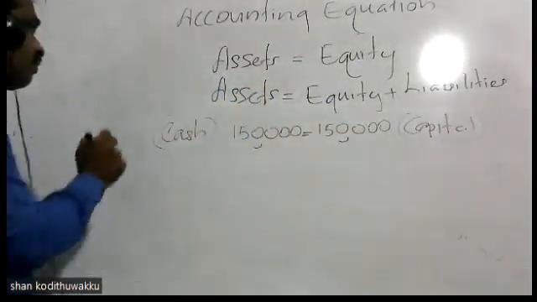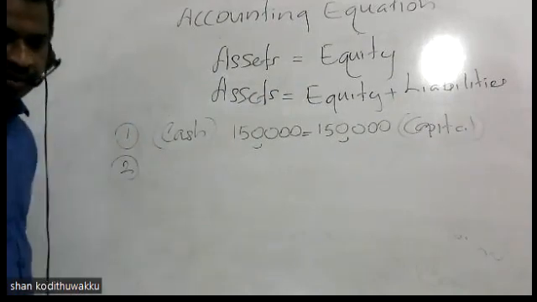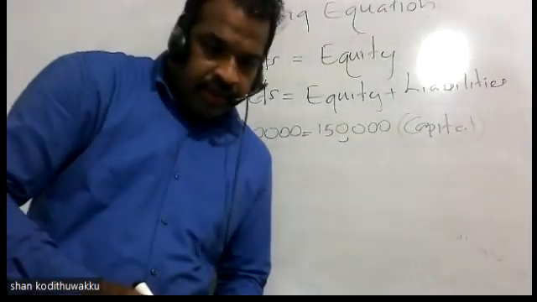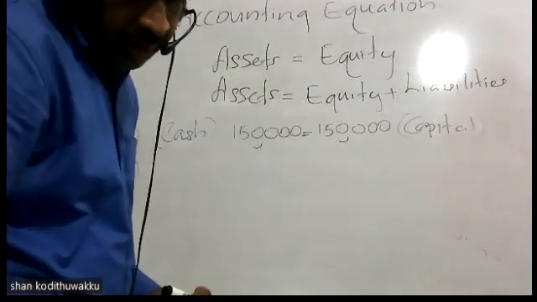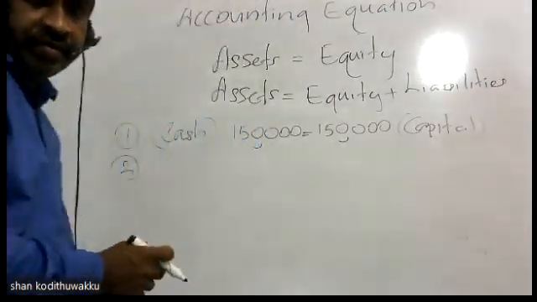First transaction. Number 2, he has purchased a machine for 20,000.